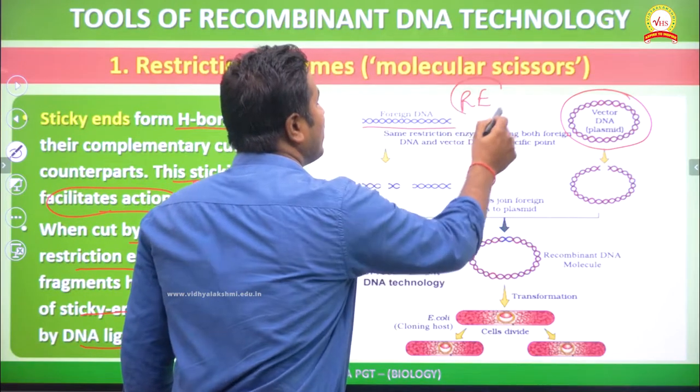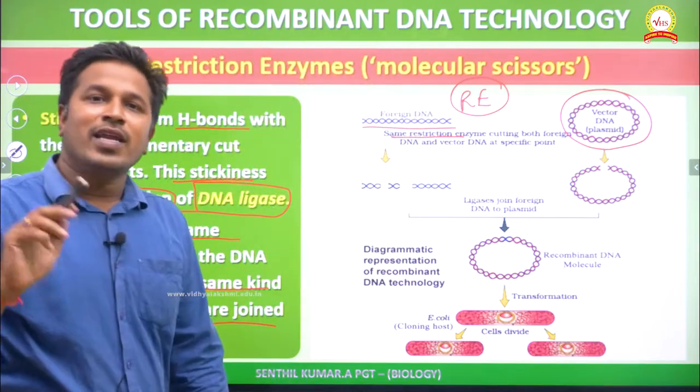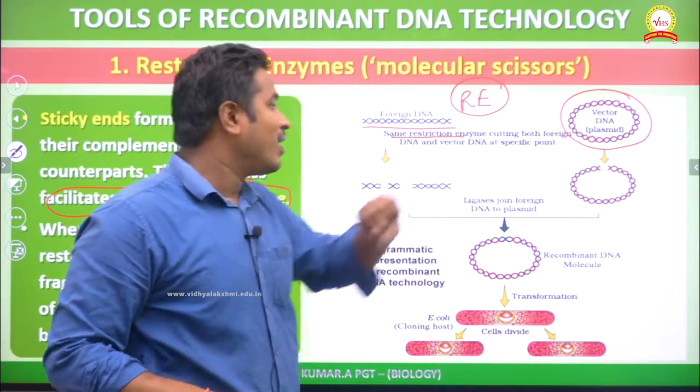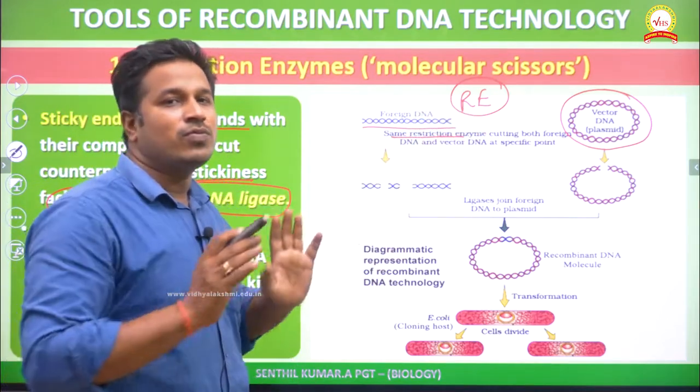The same restriction enzyme is supposed to be used for the foreign DNA as well as the vector DNA. Once it has been used, it will cut into small fragments.